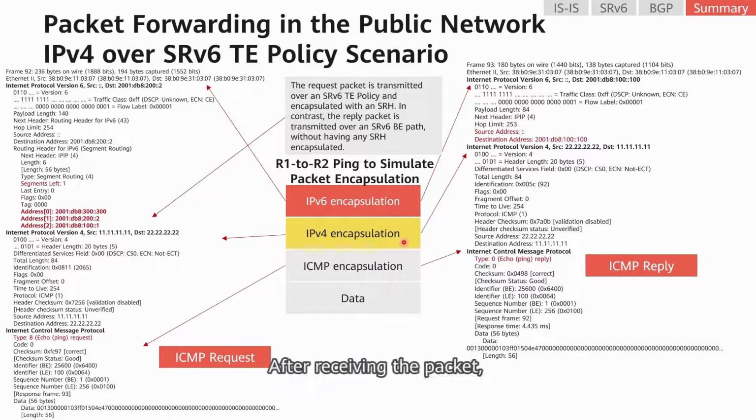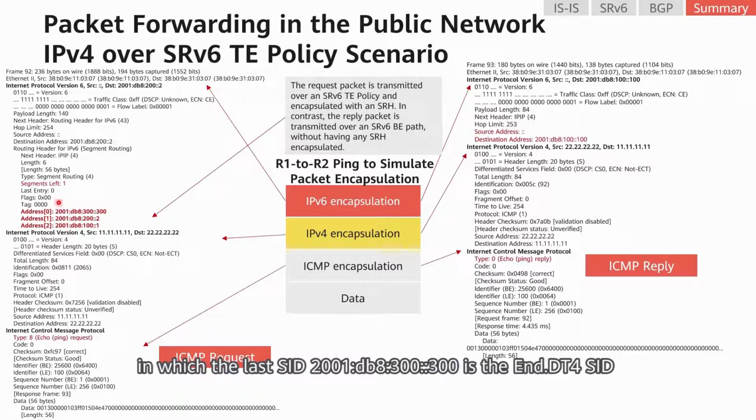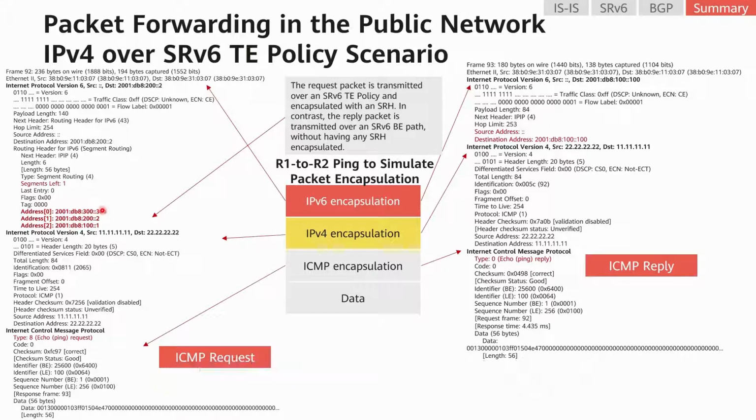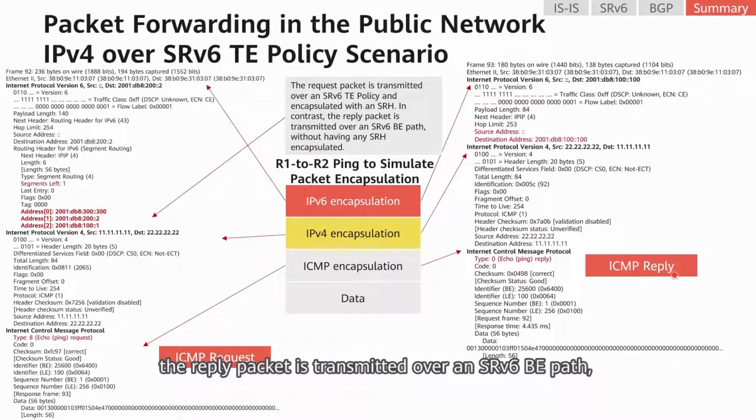After receiving the packet, P1 performs SRv6 encapsulation, encapsulating the packet with an SRH in which the last SID is the End.DT4 SID of the public network instance configured on the peer PE. In contrast, the reply packet is transmitted over an SRv6 BE path without carrying any SRH.